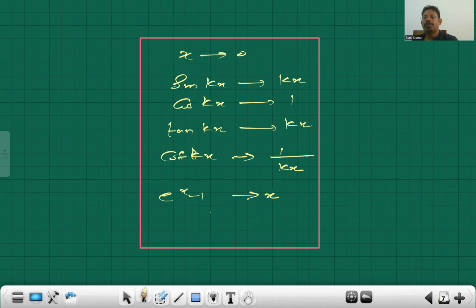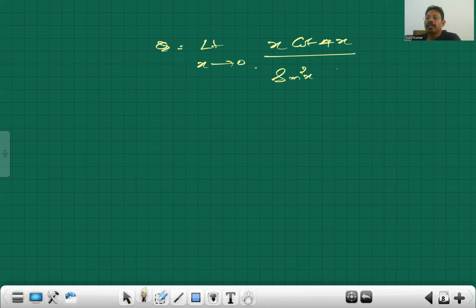Let me explain a small example. Let me give you a question like this: limit x approaching 0 of x cot 4x divided by sin square x into cot square 2x.